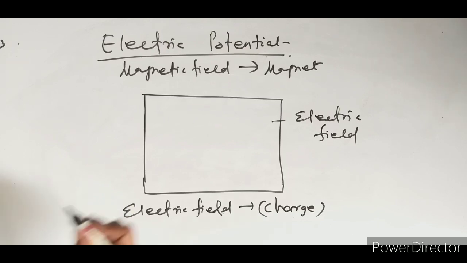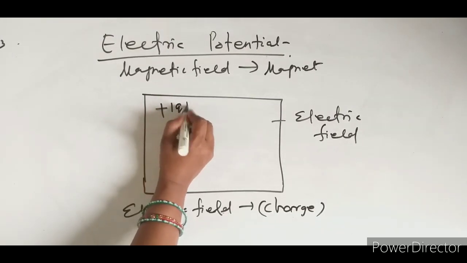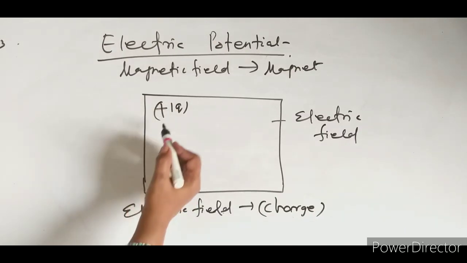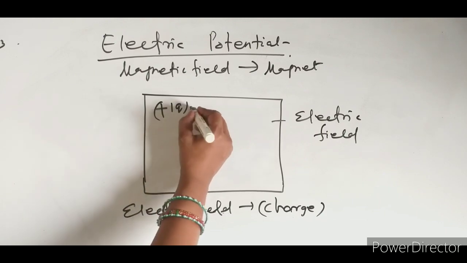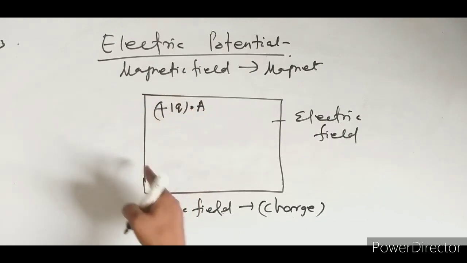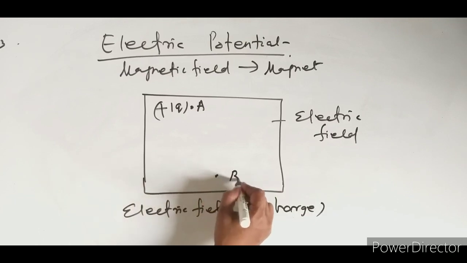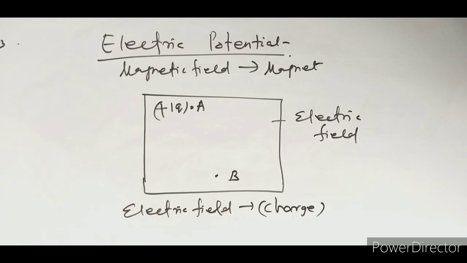Now let us take a unit positive charge. This unit positive charge is at a point A. I want to bring this unit positive charge to this point B. Automatically, from point A to point B it will not come.